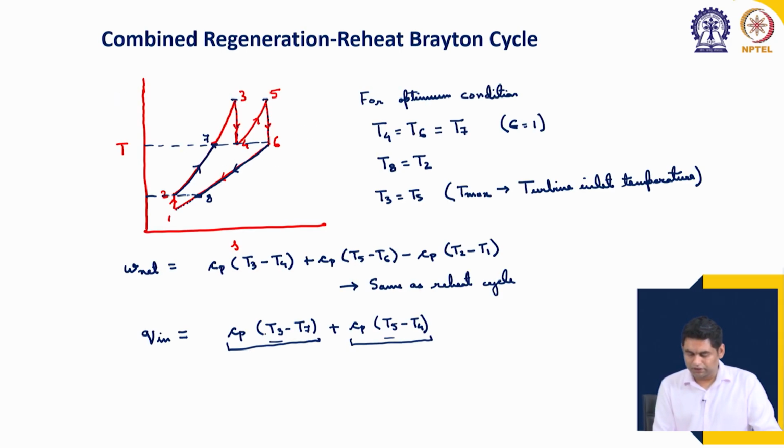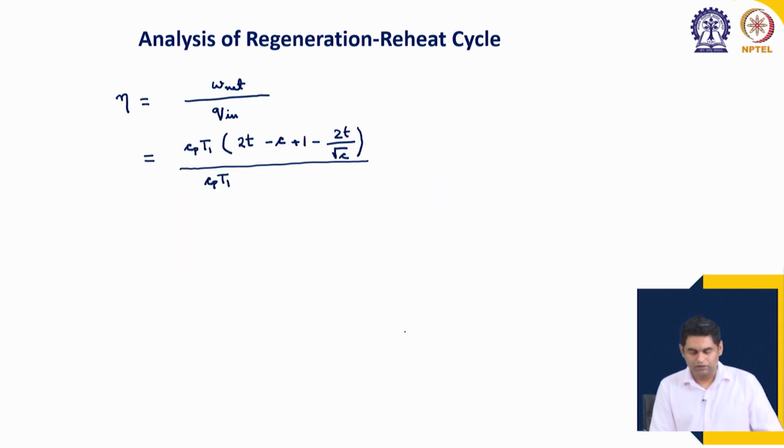So, if I take T 1 common, then T 3 by T 1 minus T 7 by T 1, T 5 by T 1 minus T 4 by T 1. Okay. So, you can also try to derive on your own parallelly. So, this will be equal to T minus T by root C plus T minus T by root C. Okay.